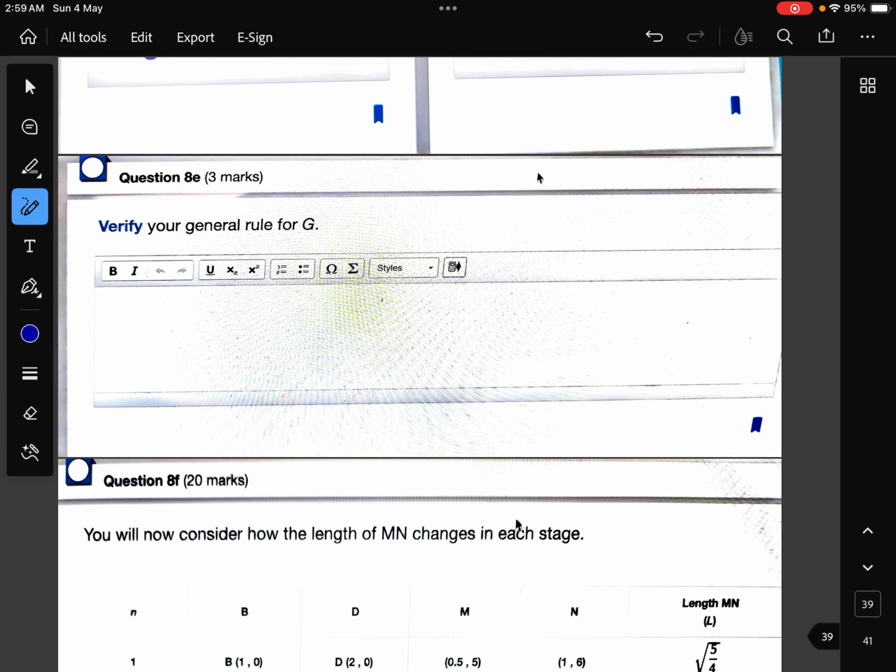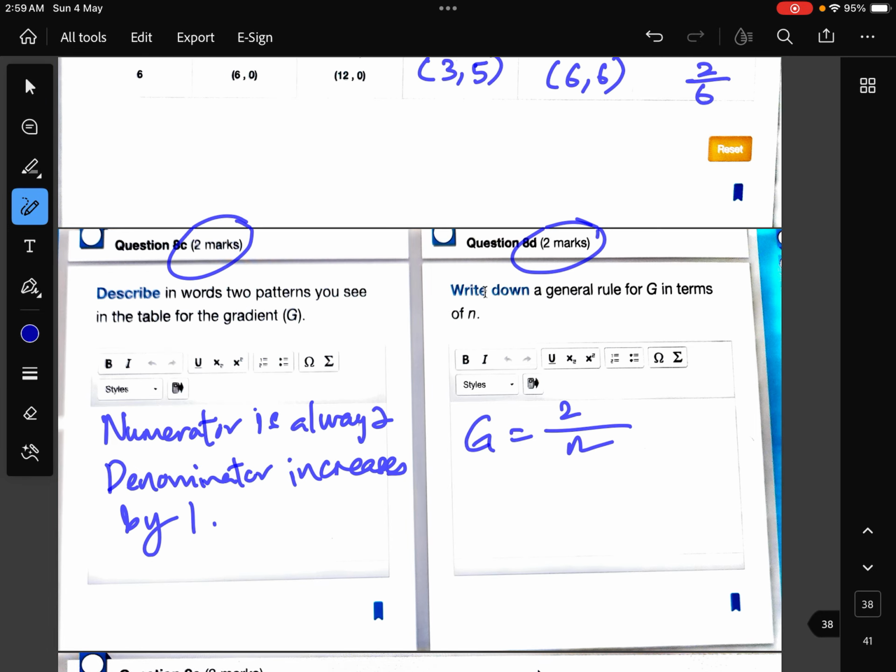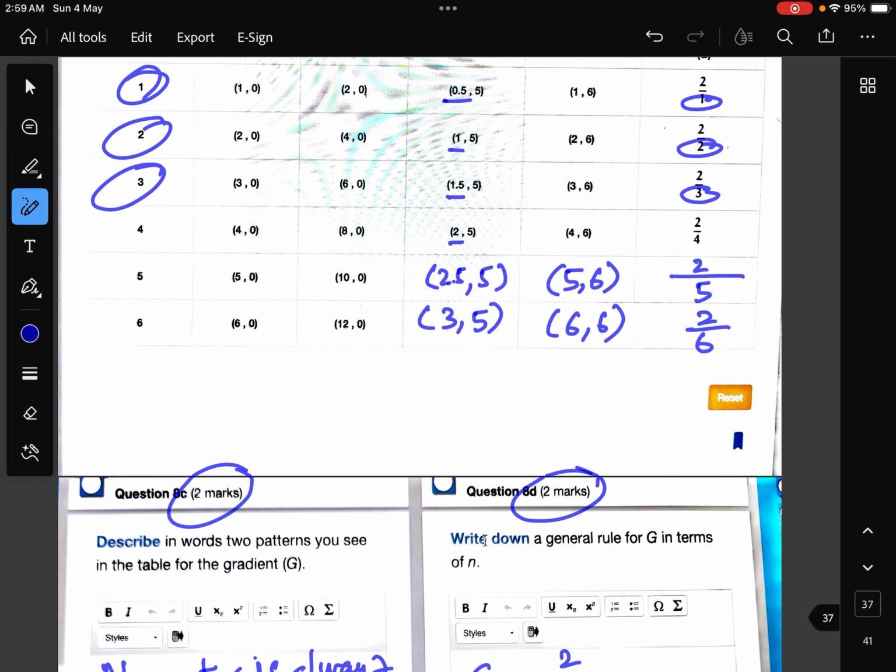So the next part, we're going to verify your general rule for G. Let's talk about this again. When it comes to verification, you want to be sure, and this is something that is really important in the e-assessment. If you want to verify the general rule, please make sure you use an example that is not given to you in the question.